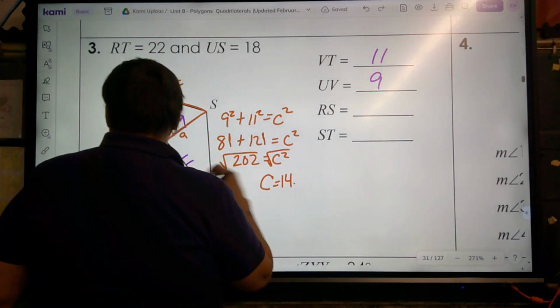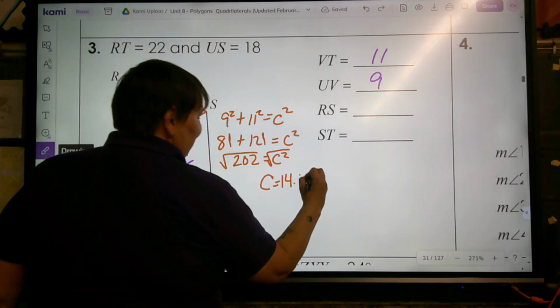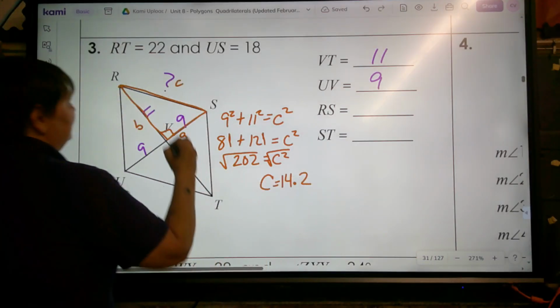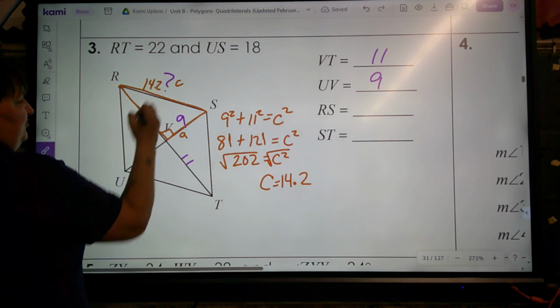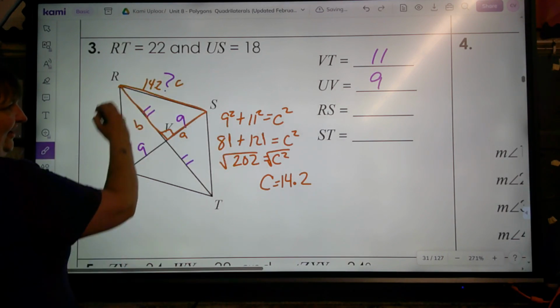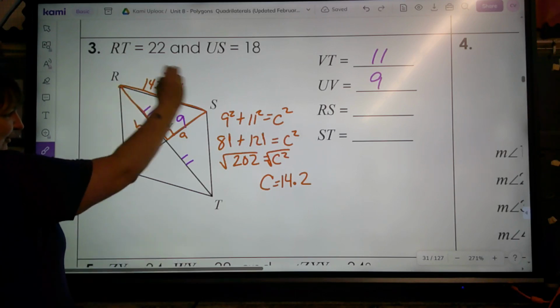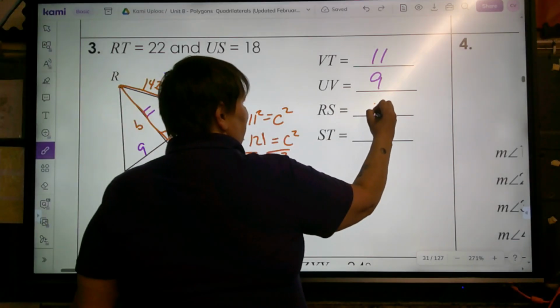I rounded wrong. It's okay. So if this is 14.2 and all four sides are congruent, then all four sides are 14.2.